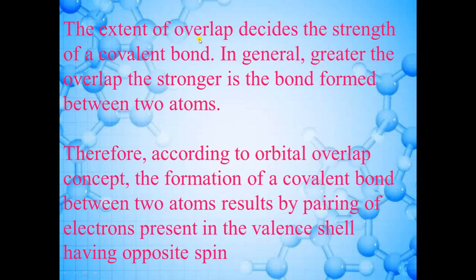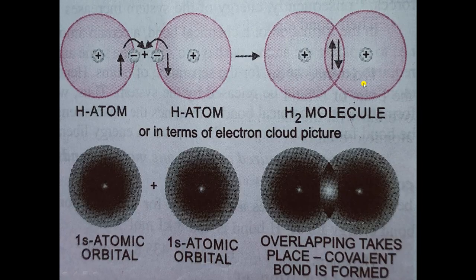The extent of overlap decides the strength of a covalent bond. In general, the greater the overlap, the stronger is the bond formed. But if overlapping is more than 50%, then what will happen? Nuclei of the two atoms will come close to each other, and after that there will be repulsion between the nuclei.